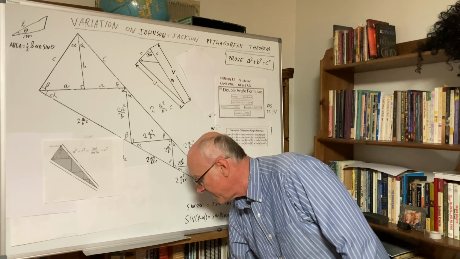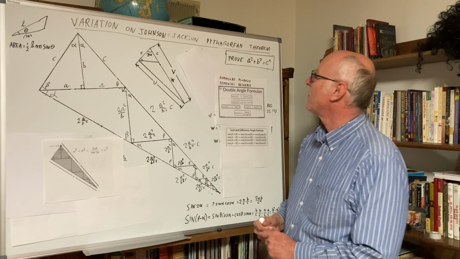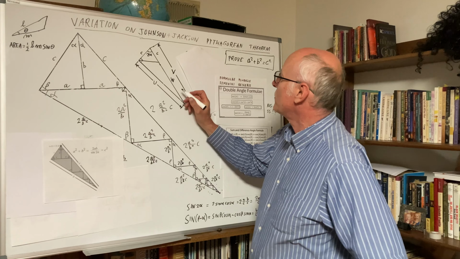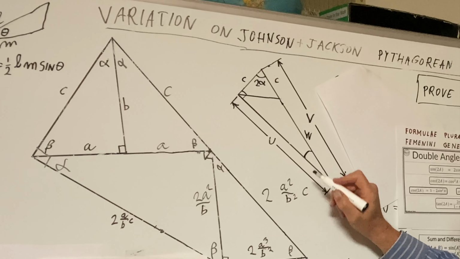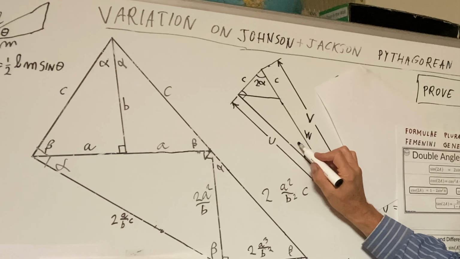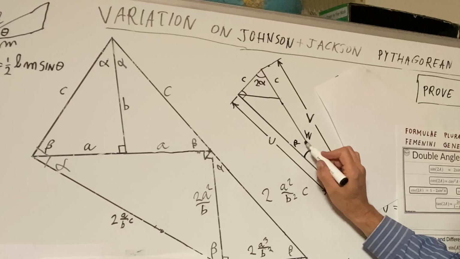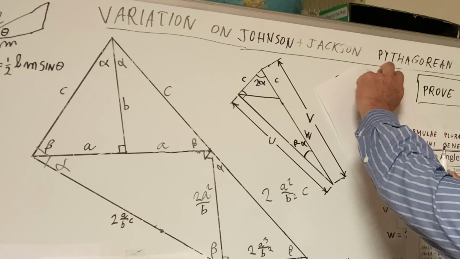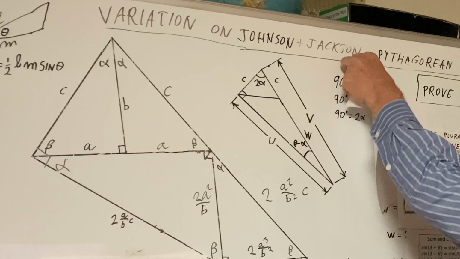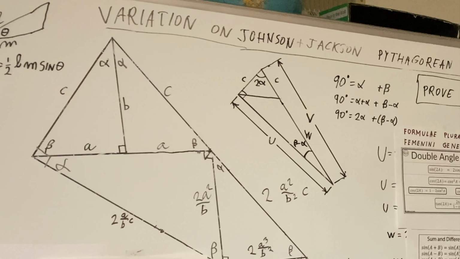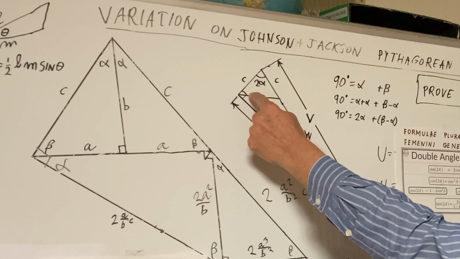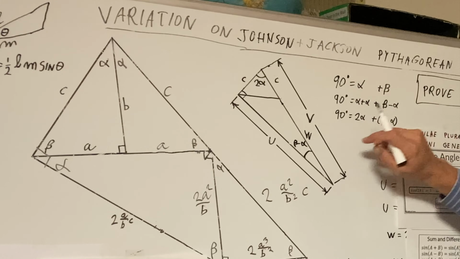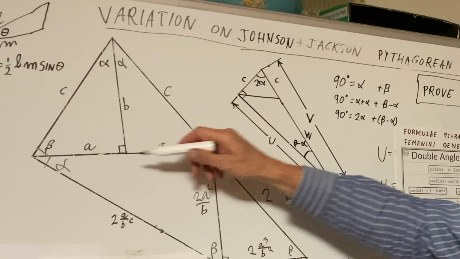All right. One of the things we have to do is calculate this angle here, and we'll prove that it's really beta minus alpha. Here's how to do it. You start out with 90 degrees is alpha plus beta, because these are complementary angles.